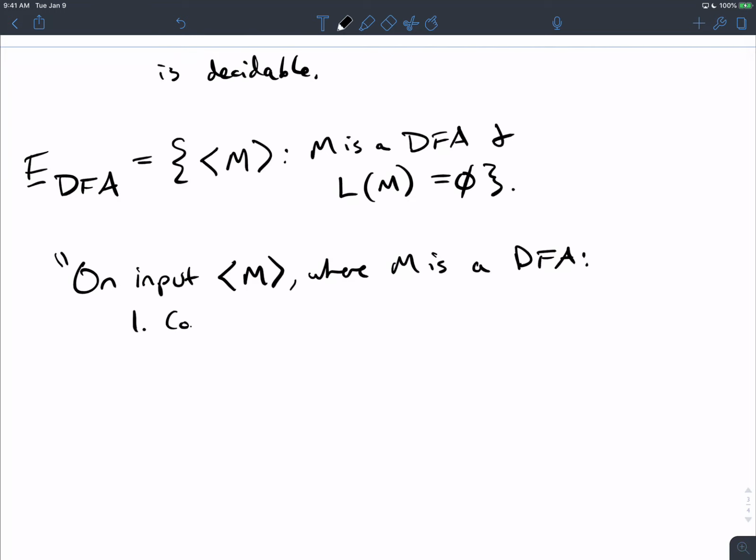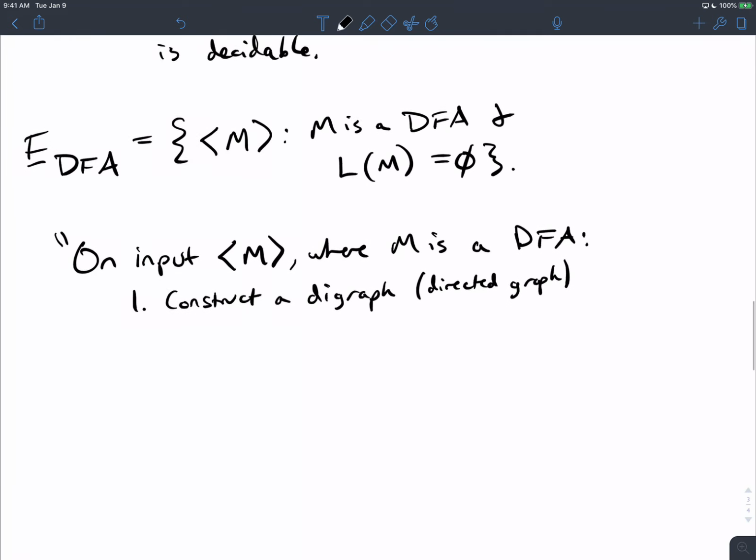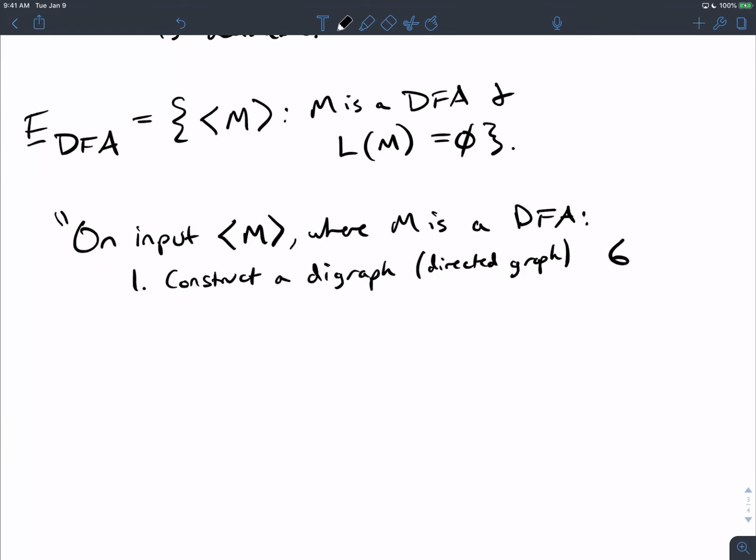So construct a digraph. Digraph in the graph theory literature is shorthand for directed graph. I'll put it here in case you haven't seen that notation before. Construct a digraph called G, where the vertices of G are the states of M.